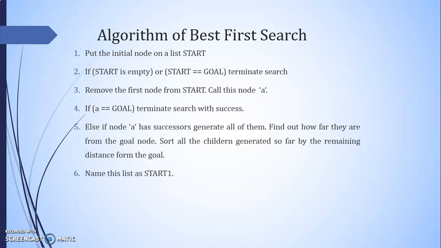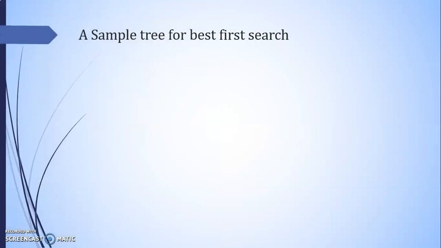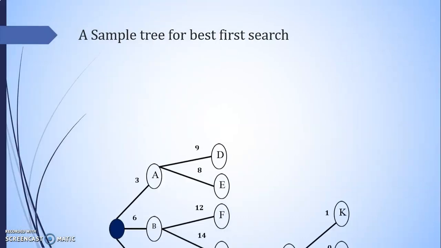Name this newly generated list start1. Replace start with start1. Then go to step 2 and continue until we reach the goal state. So let's see an example for best first search.